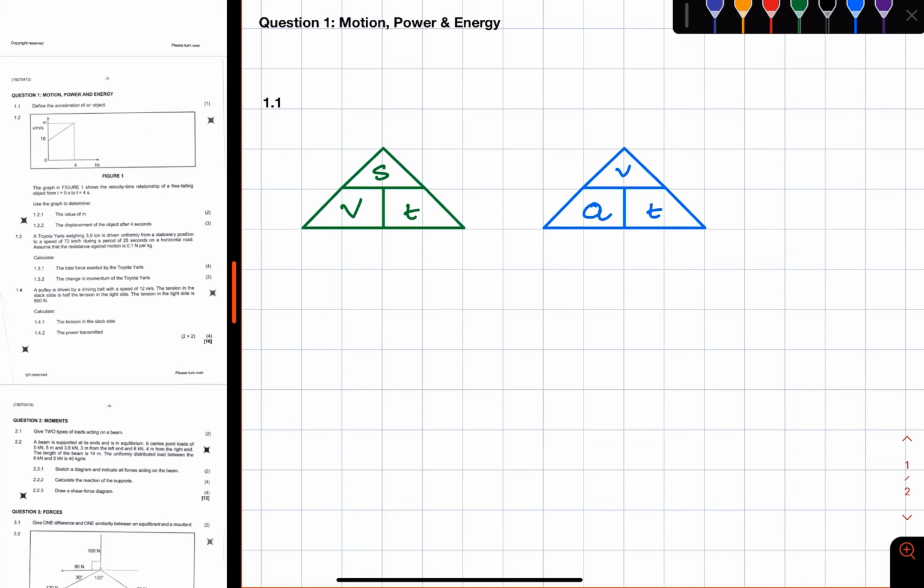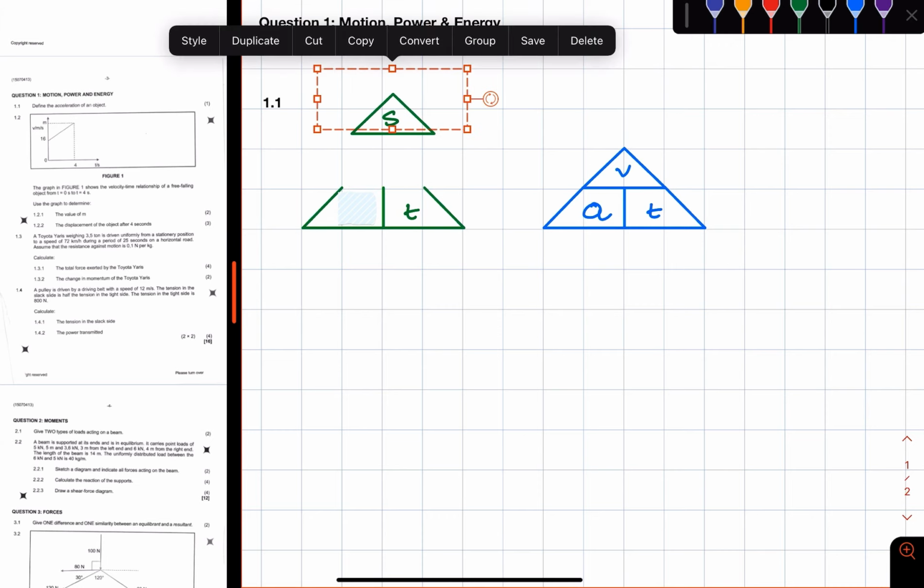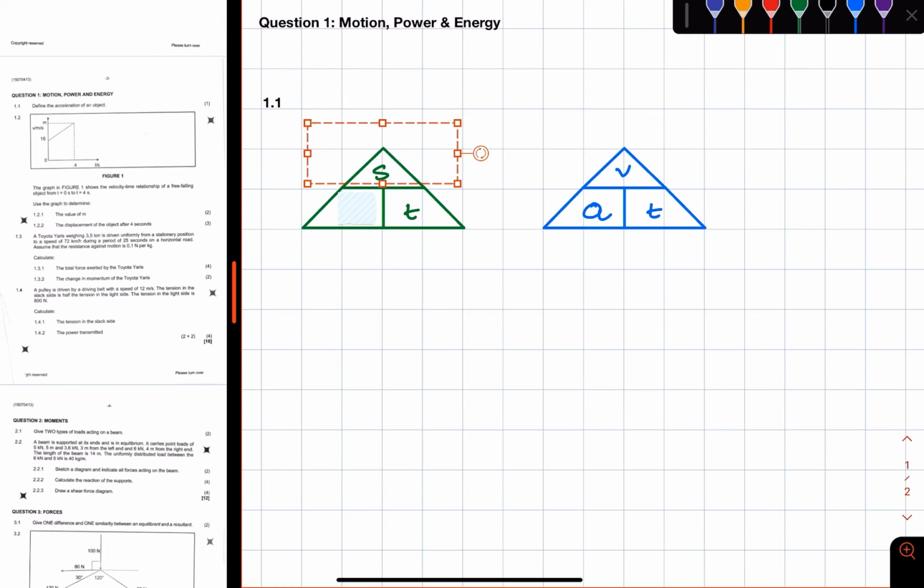Say for instance the triangle on the left, so the green triangle, if you want to calculate velocity, velocity is going to be equal to a change in displacement over what? Over time, right?